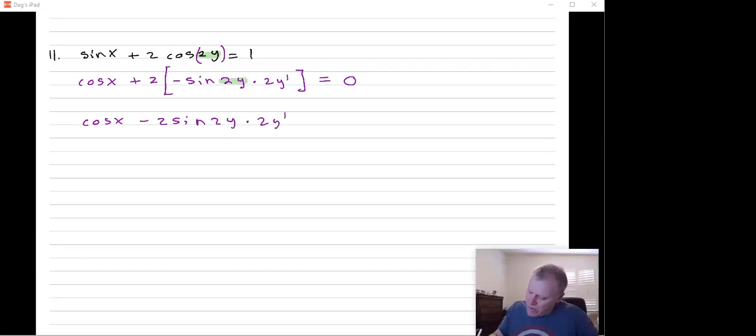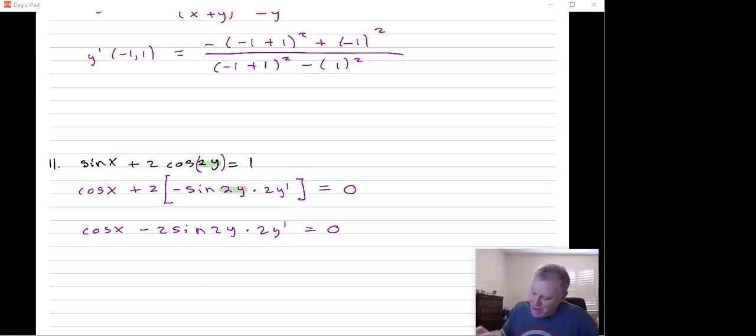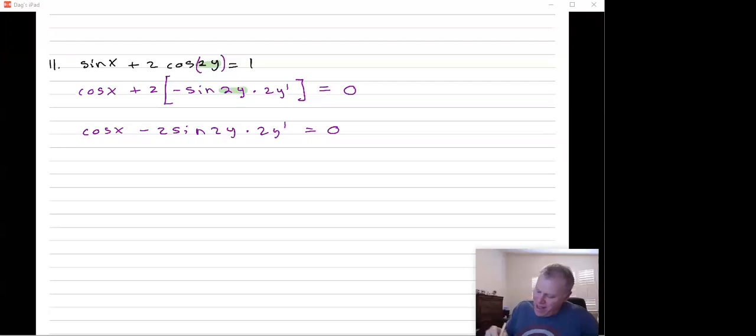And that equals, oh, I didn't really do much there, did I? Okay, that equals 0. I'm going to clean that up even a little further. That wasn't much of a distribution. So let's see. I get cosine x minus 4 sine of 2y y prime. Okay, and that equals 0.